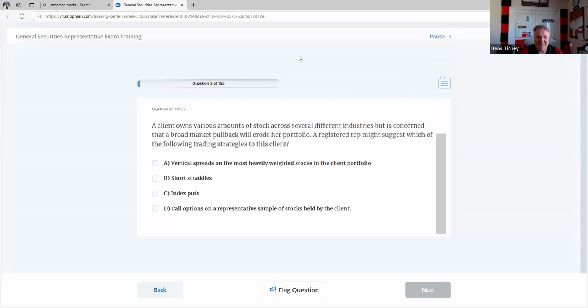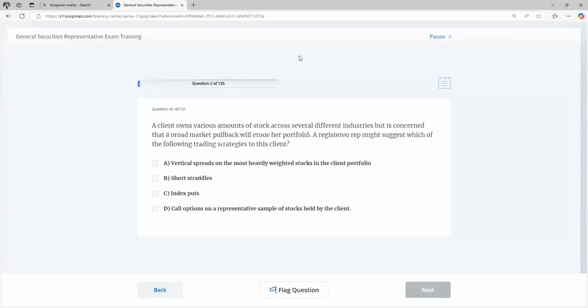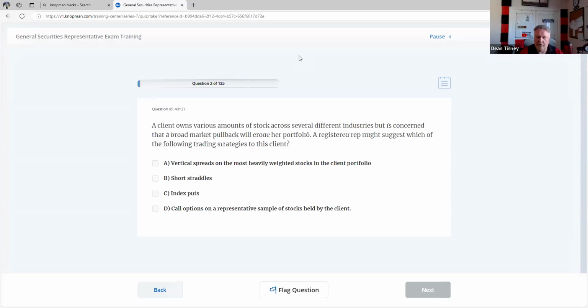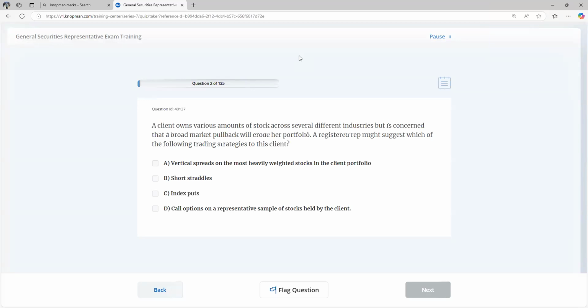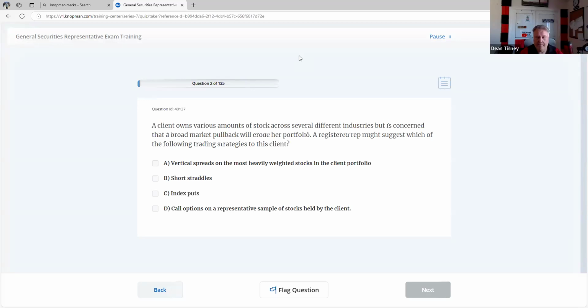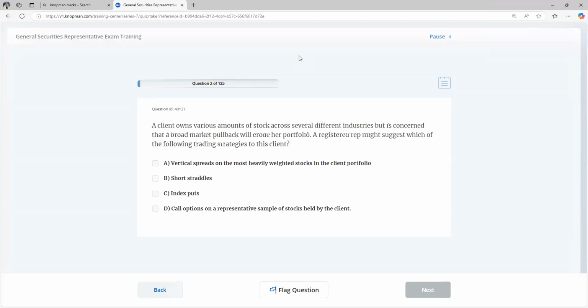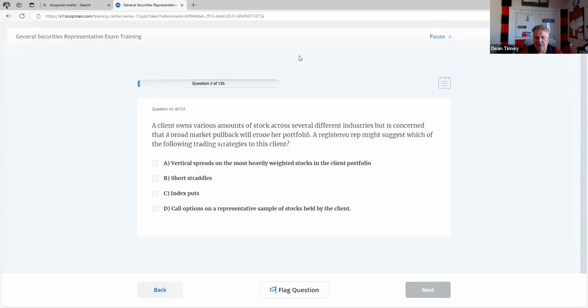What kind of risk is that when the entire market goes down? That's systematic risk. So you're trying to do something to hedge systematic risk. Vertical spreads, so I don't think it's A. It's not A, and I don't think it's D. It's between short straddles and index puts, the 50-50.